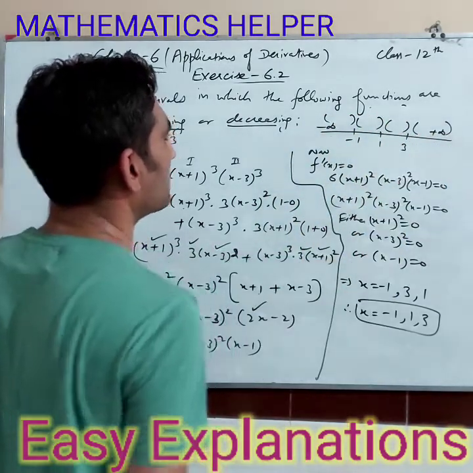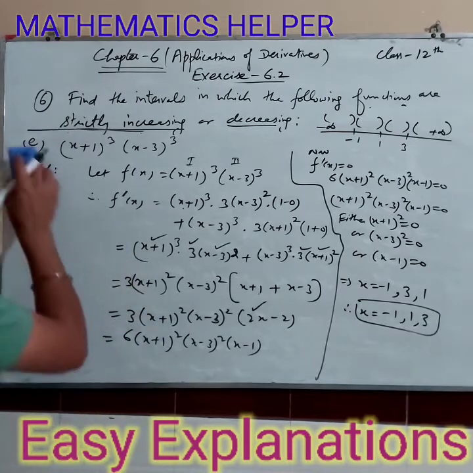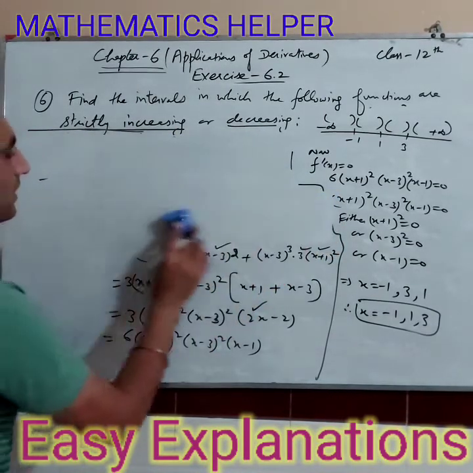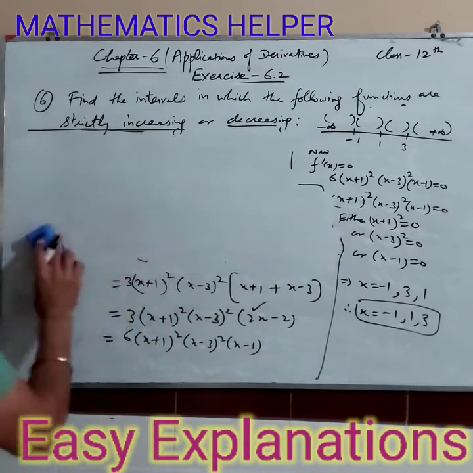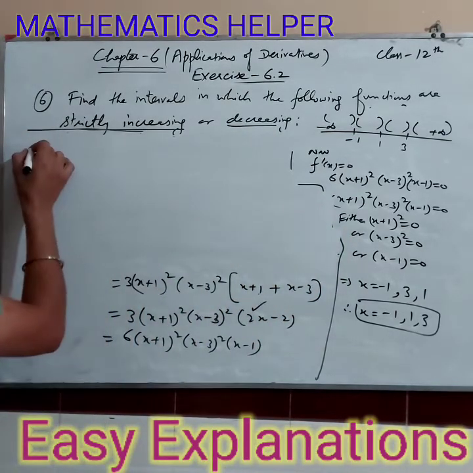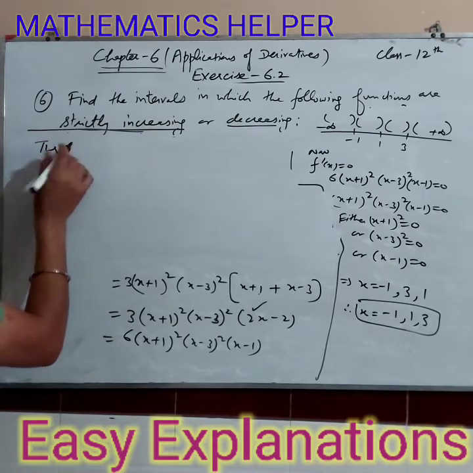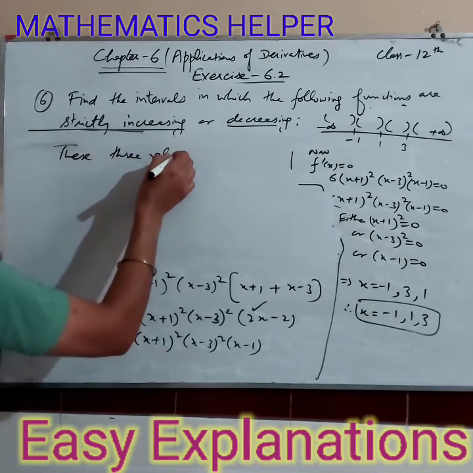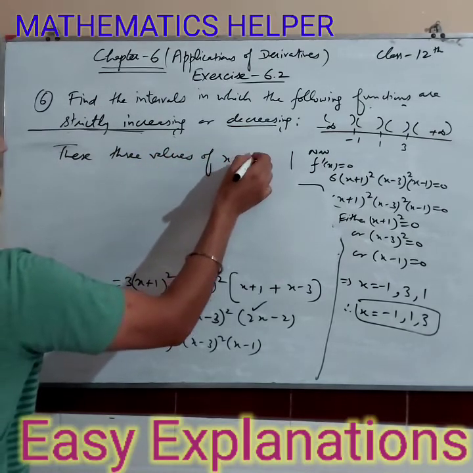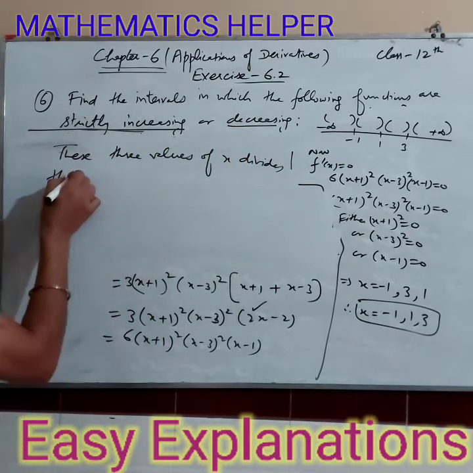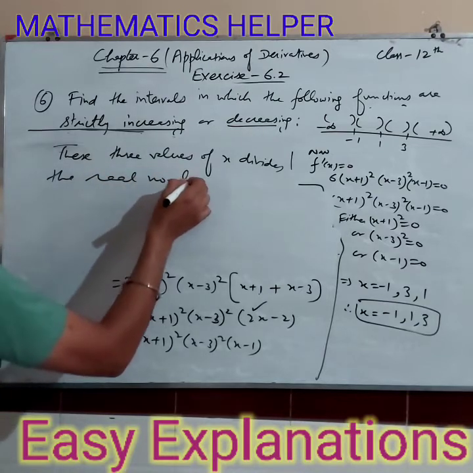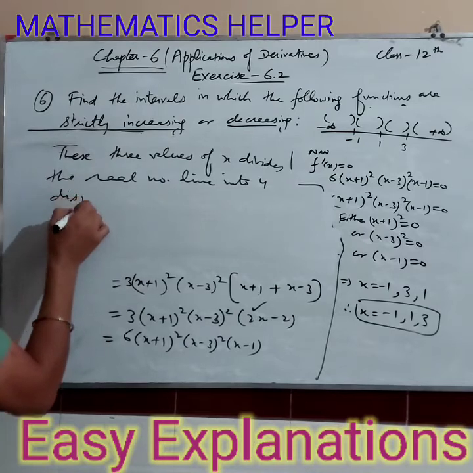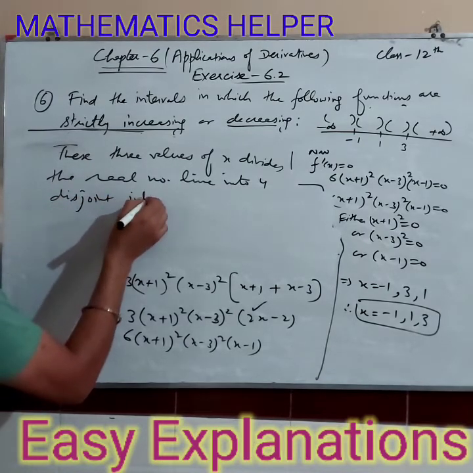I will mention all these now, and for each one we will see what kind of answer we get, whether it is strictly increasing or strictly decreasing. So we will write these 3 values of x divide the real number line into 4 disjoint intervals.